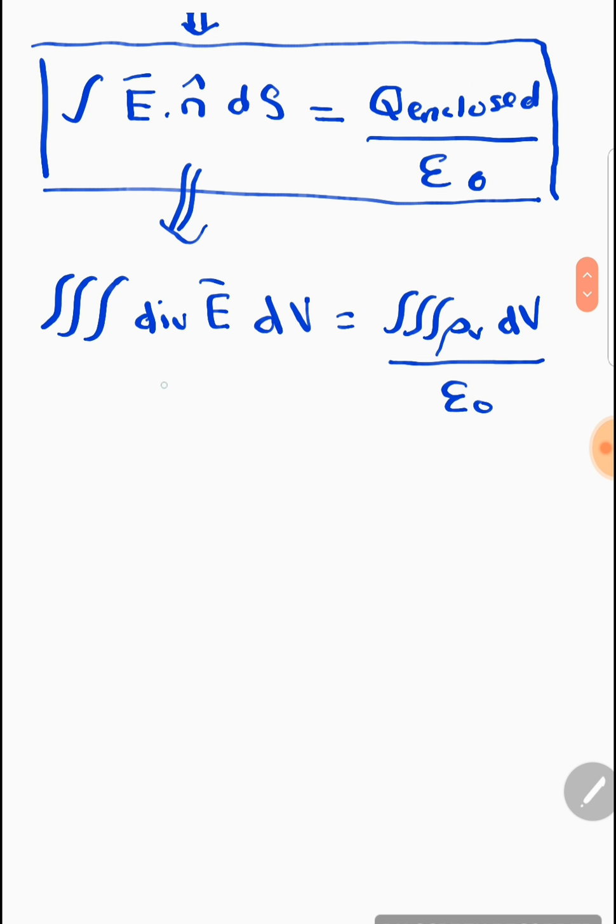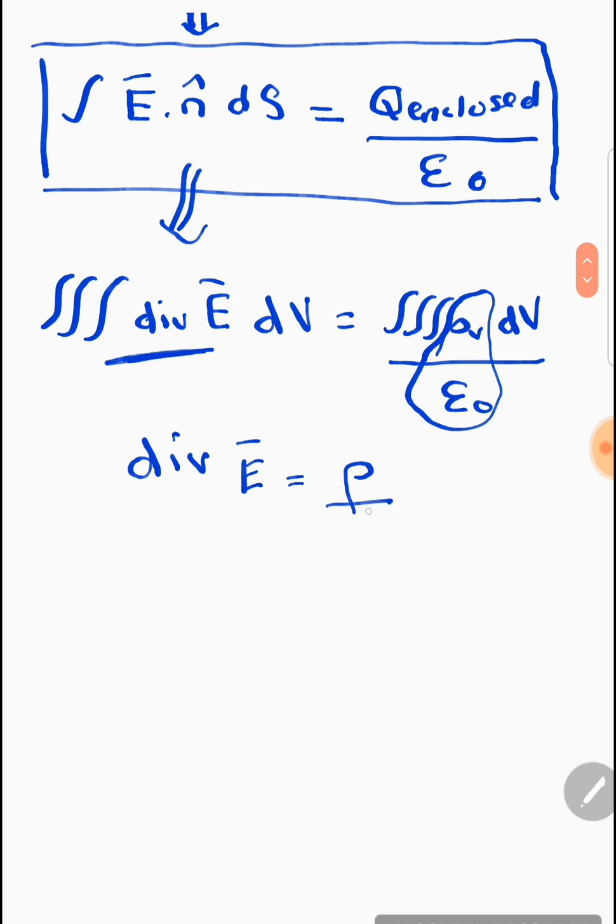And if you compare side by side, then you will see that this part here and this part here are basically the same, isn't it? So if we take this out, then we can show that the divergence of my E is equivalent to my rho over epsilon naught.